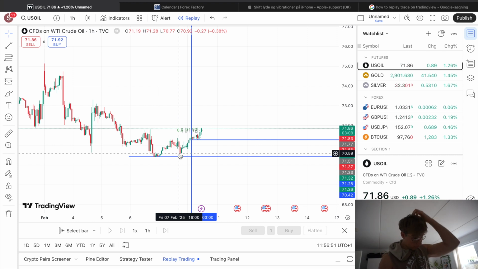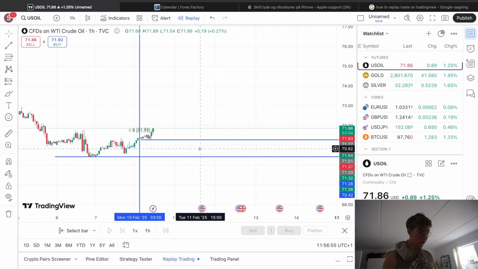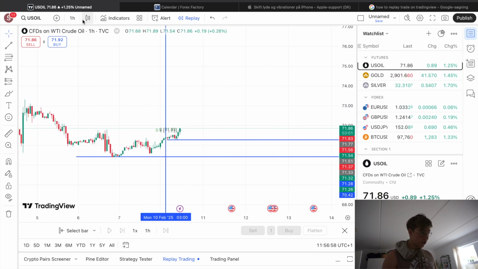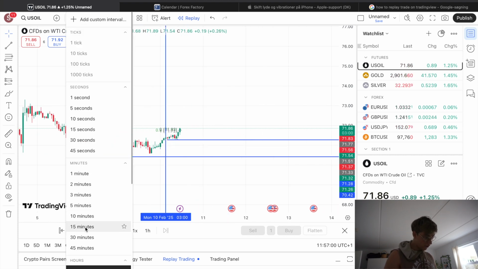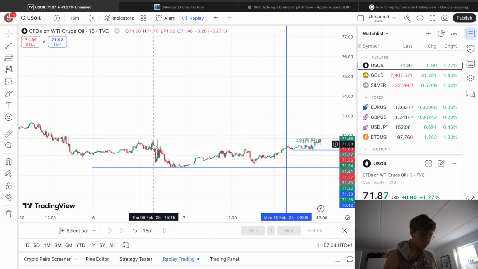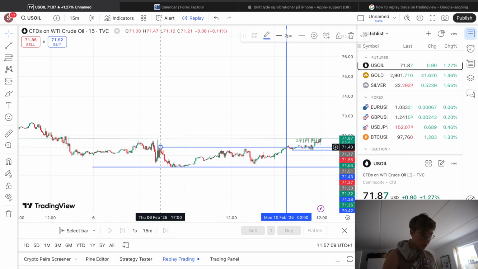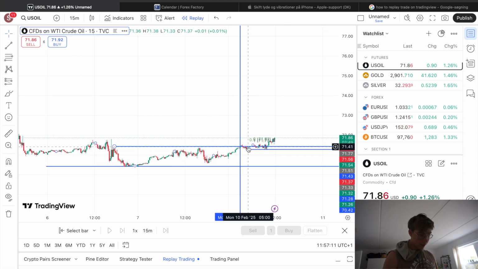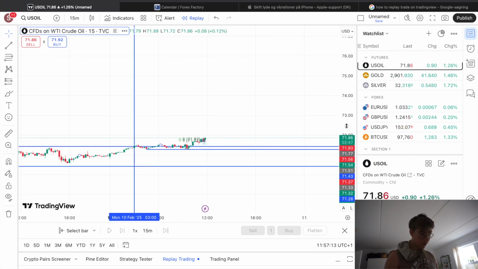I don't know why I just completely saw straight past that. Yeah. So when we go to the 15 minute, you can tell we swept what was this liquidity.